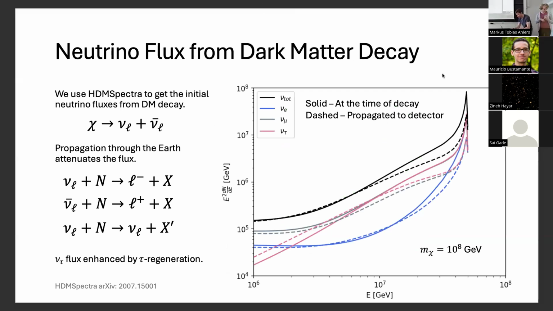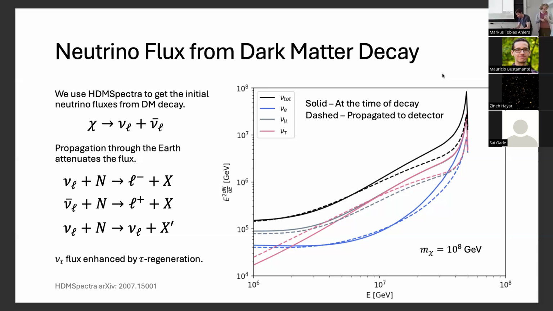So what is the neutrino flux from dark matter decay? It has been computed; I don't remember the name right now. There are several different computations, but I'm using data from HDM spectra, which has dark matter decay to neutrinos. Here we can see the flux from 1 decay of a 10^8 GeV dark matter particle, which we then need to scale by the number of decays to get the actual flux, but that's not what I have here.